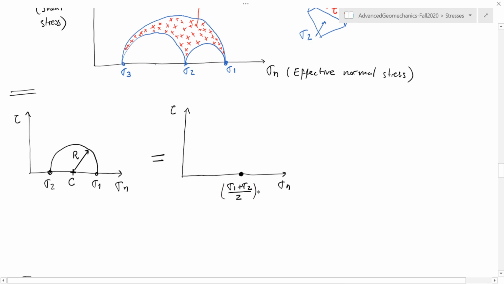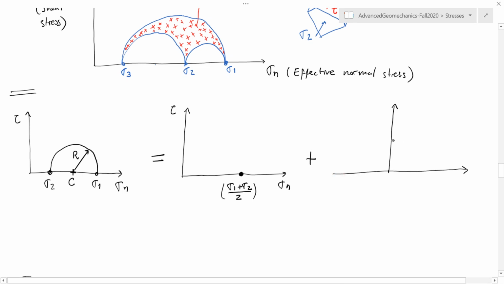It's just the center. And to that, in order to hold this equality, I would have to add the other part that depends on the radius.